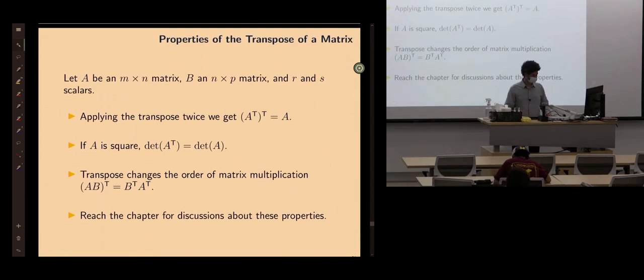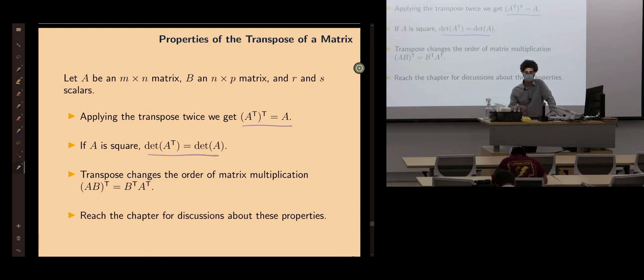Now, transpose has some properties. If you transpose a matrix and transpose it again, you get the original matrix back. No surprise, because it was a row, we put it in a column. Now we're saying take the column, put it in a row. Well, we go back to where we started. So that's the first one. Another property of transpose is that it doesn't change the determinant.